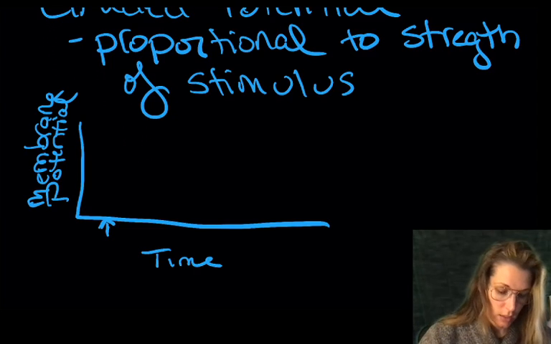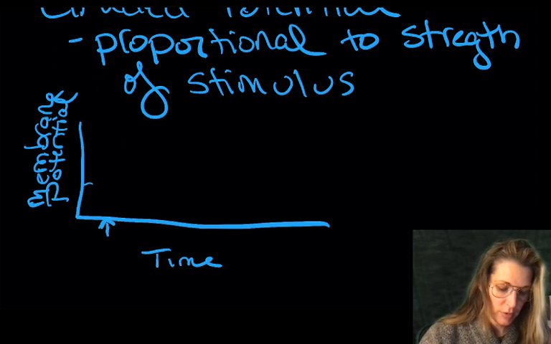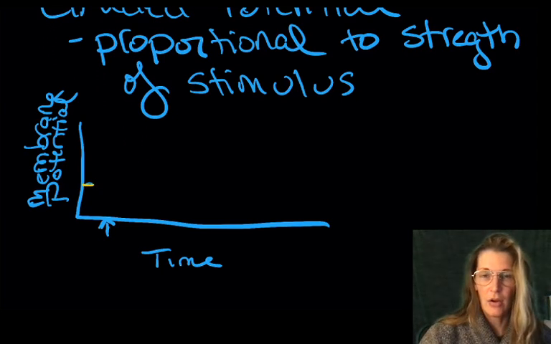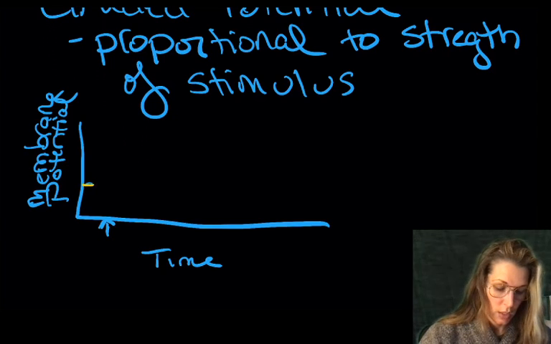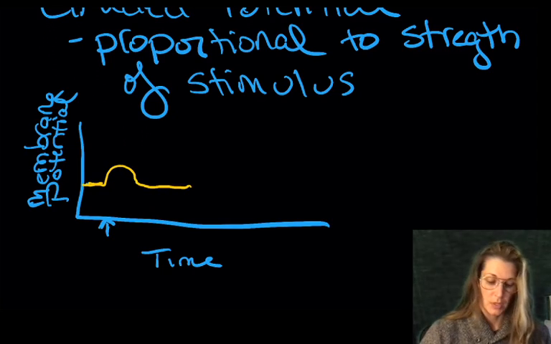And then this is our membrane potential. I'll do a different color. Our membrane potential is yellow. Remember, we're hanging out at negative 70 millivolts. Our stimulus comes, and then we get a change in our membrane potential. Okay. So this is a graded potential.